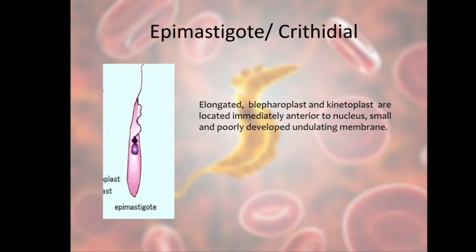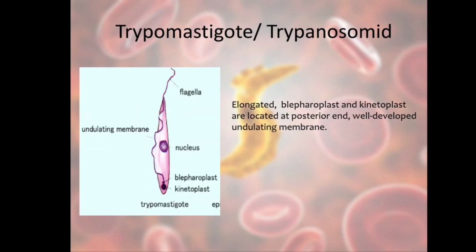In the previous case, the undulating membrane was very inconspicuous, it was very poorly developed, but in this particular form, in trypomastigote, the undulating membrane is very well developed, and the flagellum arises at the posterior end from the blepharoplast, goes as the tip of the undulating membrane, and at the anterior end, it arises as a free flagellum.